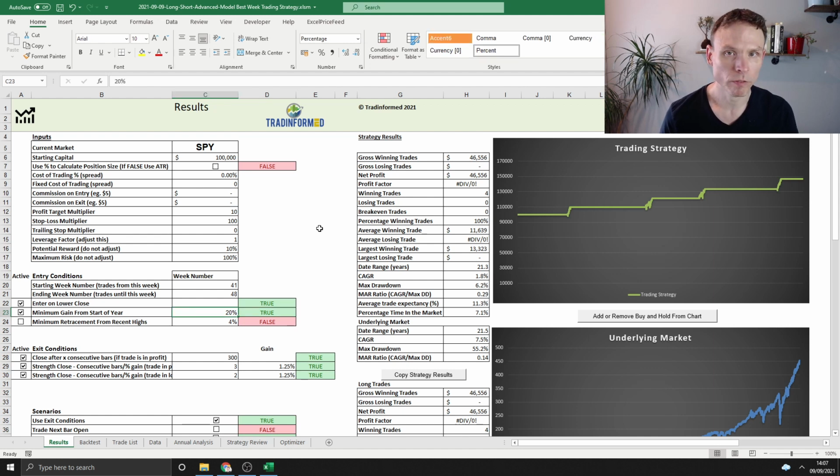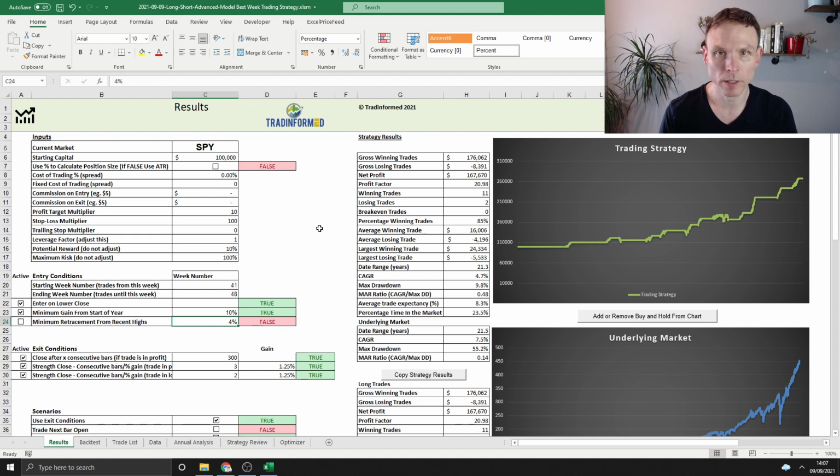And you can see on the basis of these statistics, we've really got a bit of a negative result. Maybe a slightly positive one, depends on your perspective. But when we consider the minimum gain from the start of the year, according to these results, it doesn't matter if we've already had plenty of gains. We can still expect a good result.